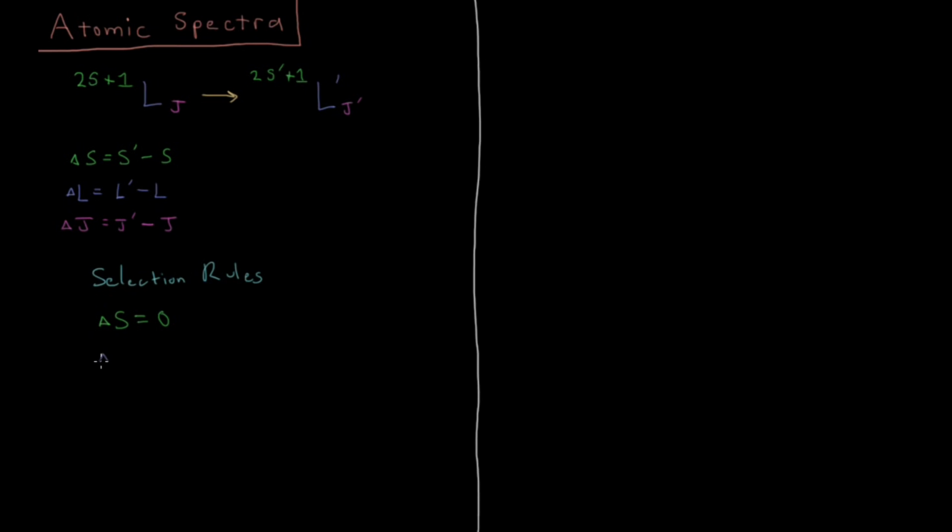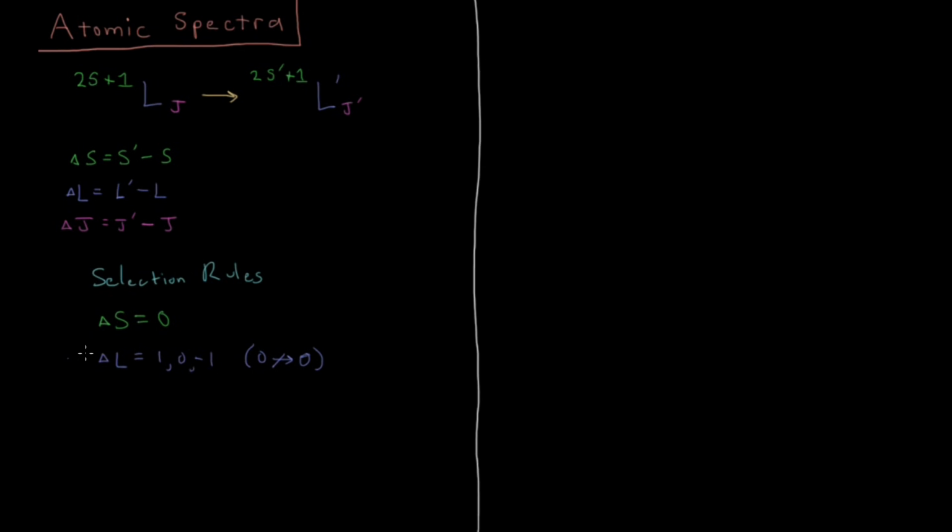And for our value of delta L, we can have either 1, 0, or minus 1. So it can change at most by 1, but there's also the caveat that you cannot transition from L equals 0 to L equals 0 in another state.